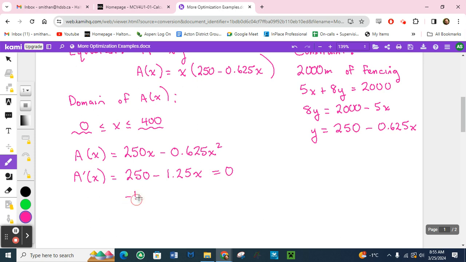So let's solve that little equation. Put the minus 250 on the other side. Should work out nice. Looks like 200.